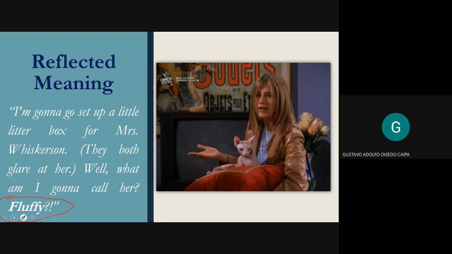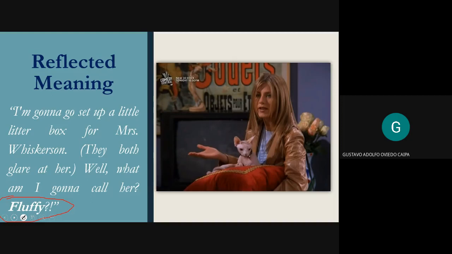So in this case, she says, what am I going to call her? Fluffy? Because fluffy reflects a lot of hair. Fluffy reflects some characteristics of cats that this cat doesn't have. So it causes a contradiction between the character of the cat and the name that he has.